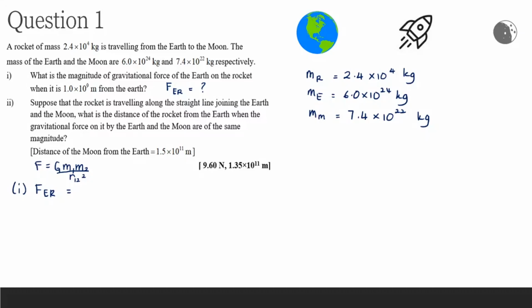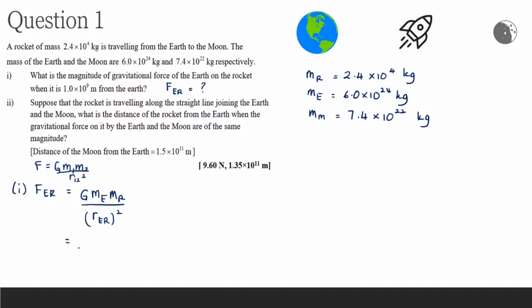We are measuring it from center to center. So for FER, it's G, mass of the Earth, mass of the rocket, divided by distance between Earth and rocket. Remember to square that value. Because students often left out this part of calculation.